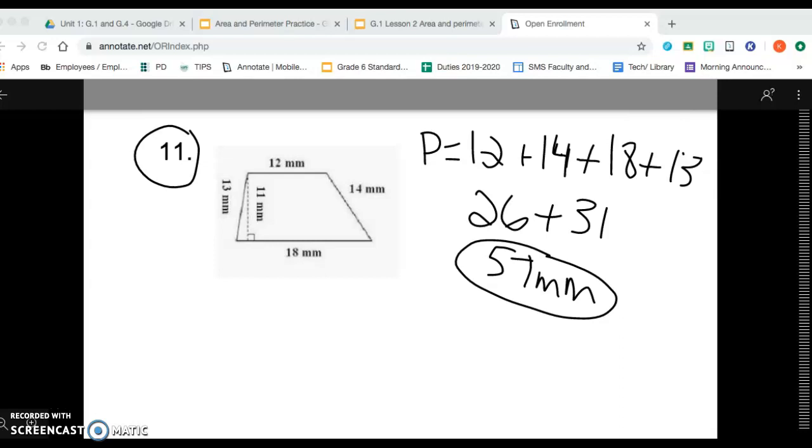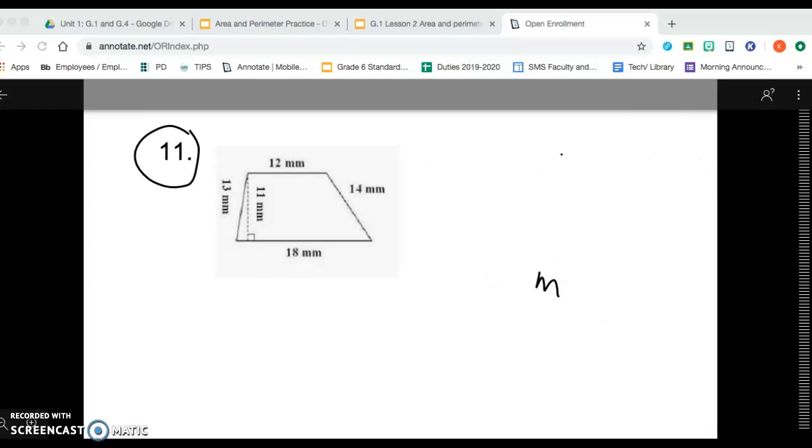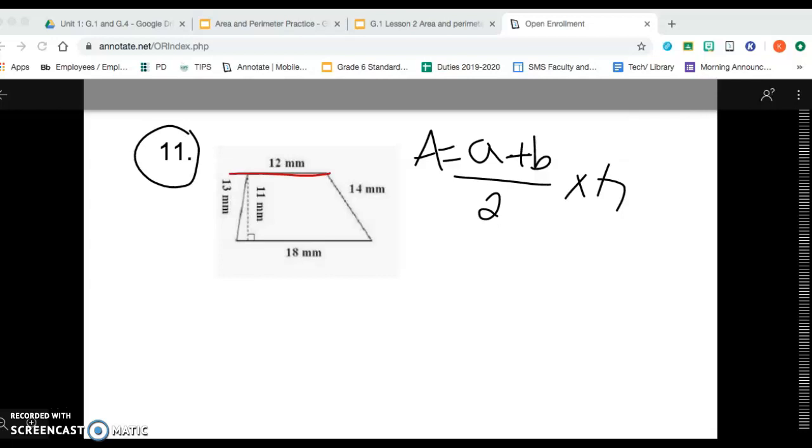Then I'm going to erase this so I have more room to write. You can pause the video if you need to. Okay, now for area, I'm going to copy down the formula again. You don't have to since it's written up above, but it's A plus B divided by 2 times the height. In this case, the bases are the parallel lines, so it's these: 12 and 18.